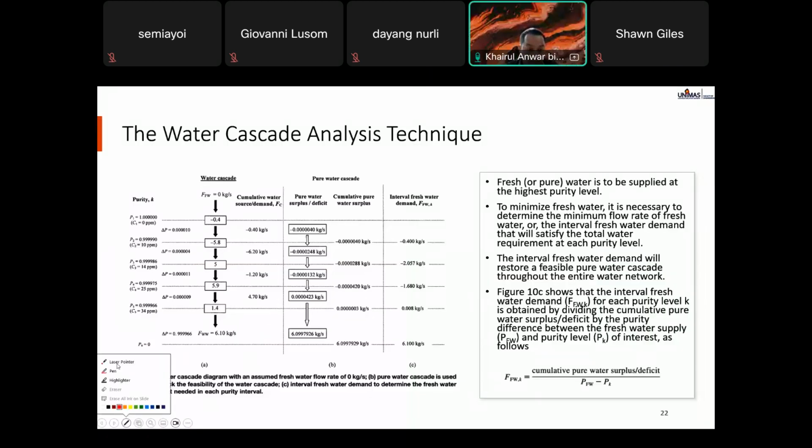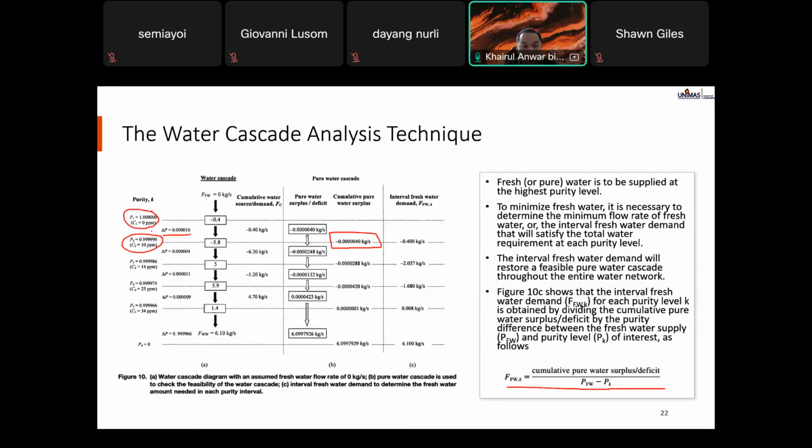And so for this calculation, we divide by this value minus this value.